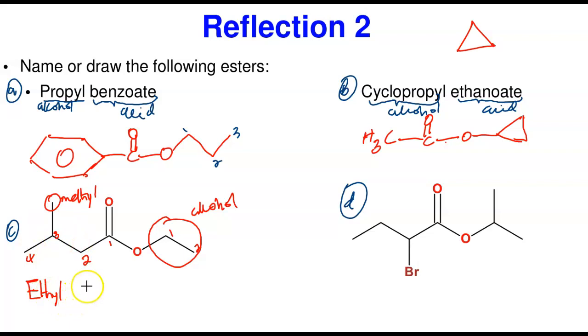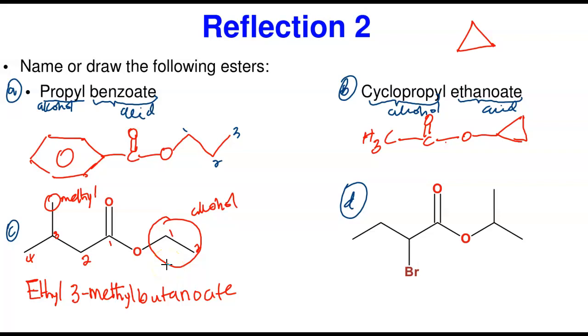In this case, leave a space and say 3-methyl, and then you now say the name. The name of the acid is butanoic acid. You remove the IC and put ATE and throw away the acid yourself. So it's going to be 3-methyl butanoate. Ethyl 3-methyl butanoate.